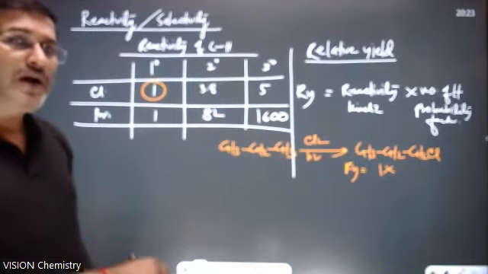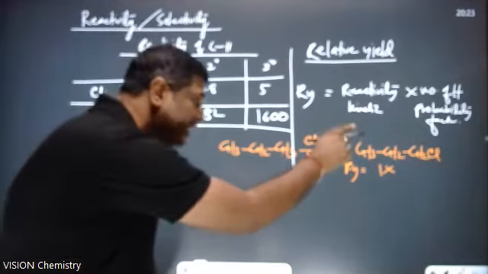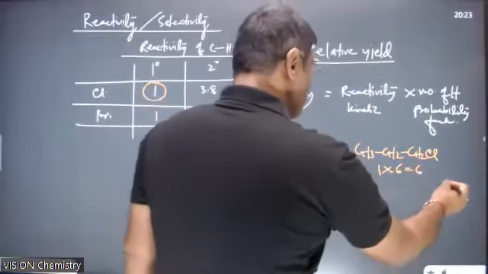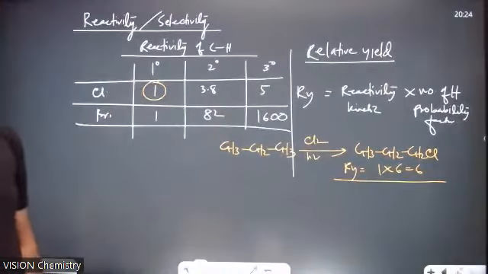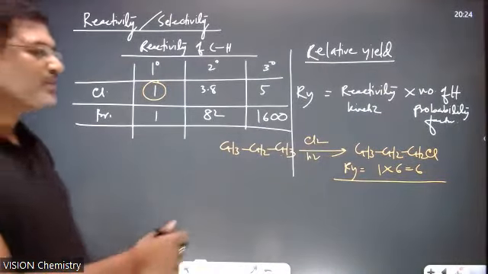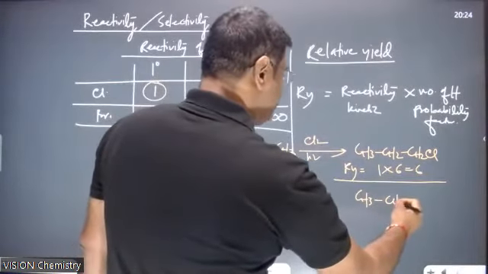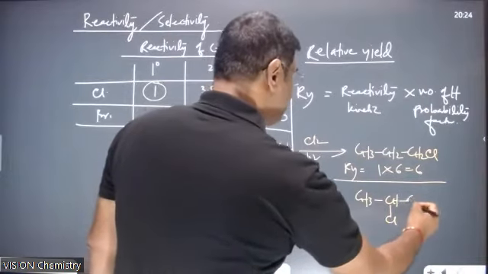So 1 into 6 is equal to 6. That is the relative yield of this. What is the other product possible? The other product is this one, CH3CHClCH3.